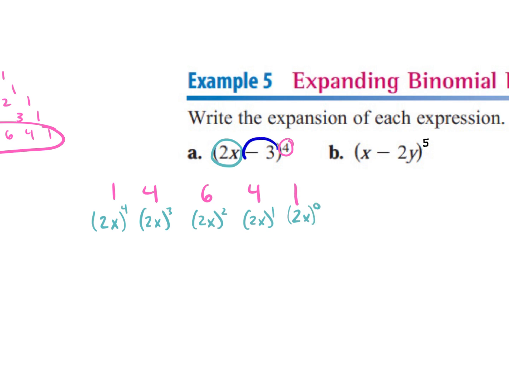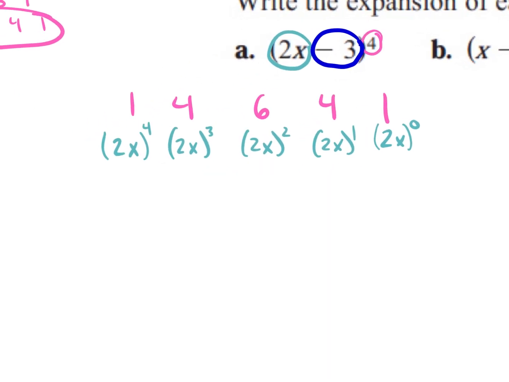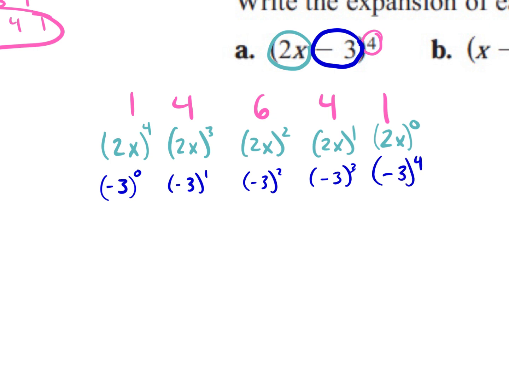Then our second term is -3. So I'm going to keep the negative with it. We have -3 to what power? 0. -3 to the 1st power. -3 to the 2nd power. -3 to the 3rd power. And then -3 to the 4th power.